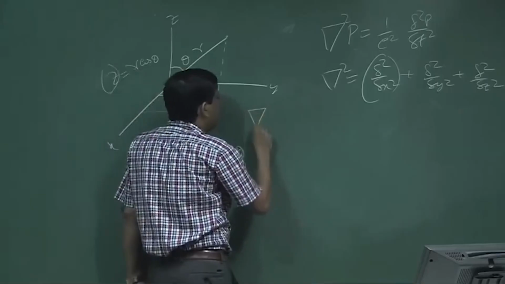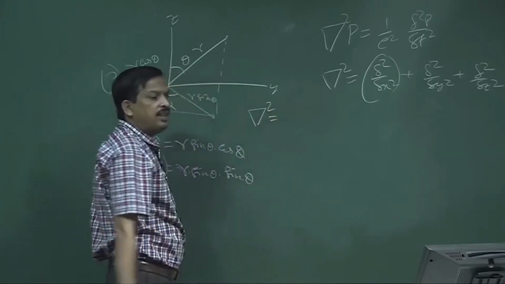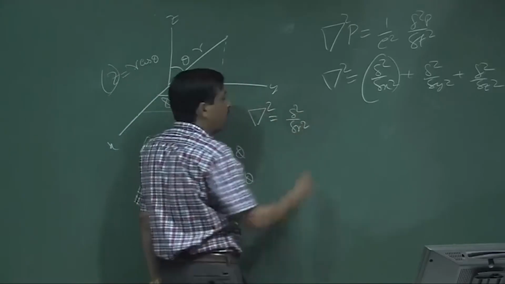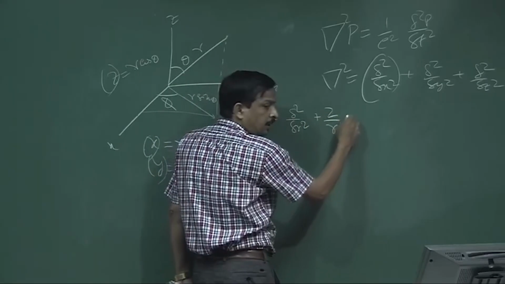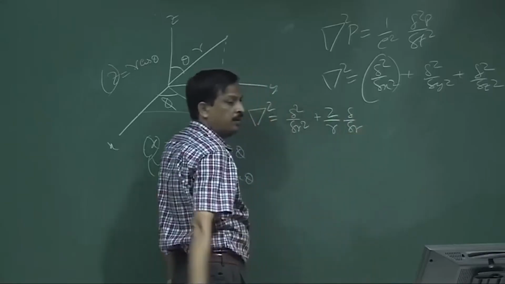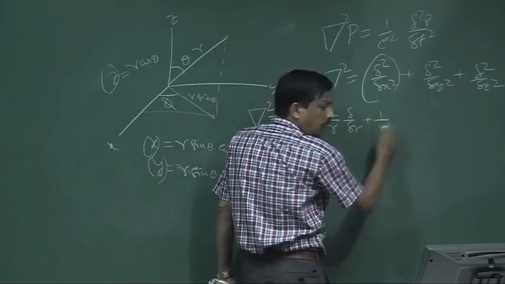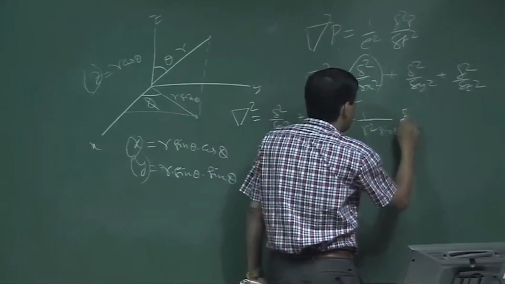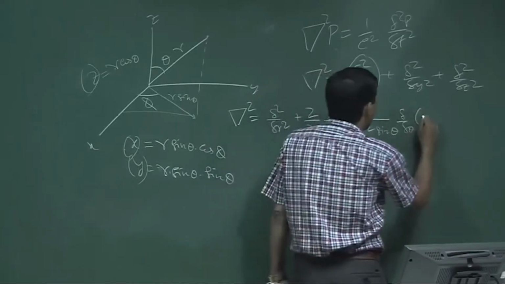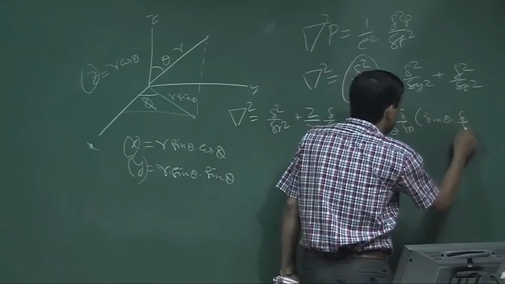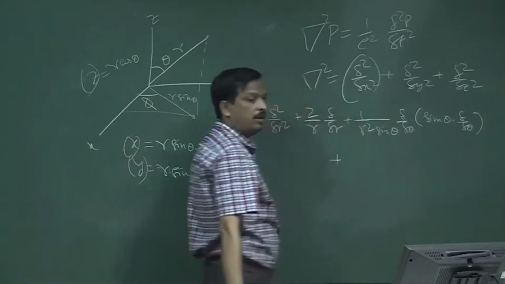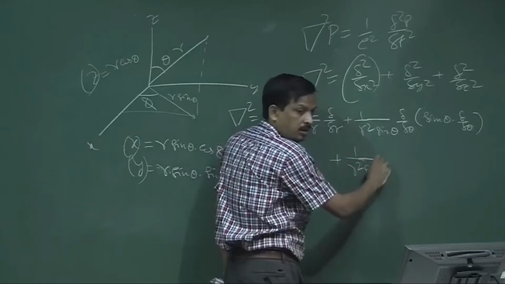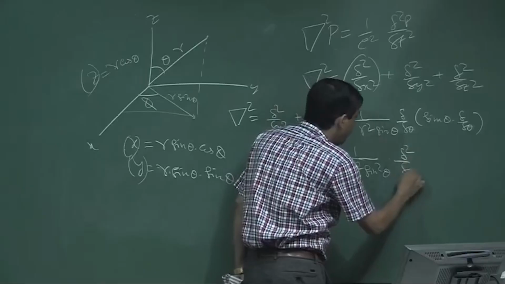Eventually, this Laplacian operator becomes, in the r, theta and phi domain, del square by del r square as the first term, plus 2 by r del by del r, plus 1 by r square sin theta into del by del theta of sin theta del by del theta, plus 1 by r square sin square theta into del square by del phi square.